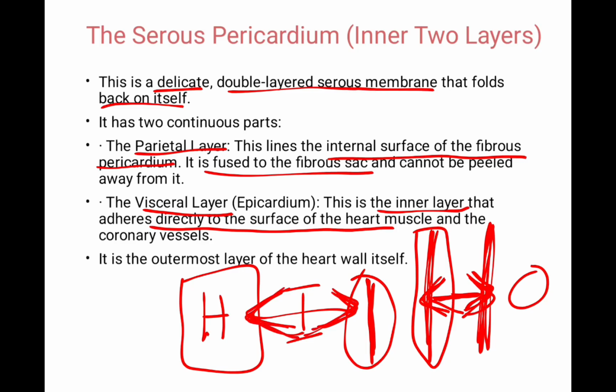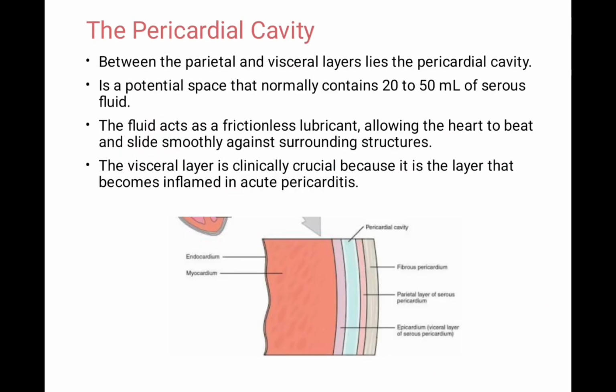That means there is a space in between the parietal layer and the visceral layer of the serous pericardium. It is the outermost layer of the heart wall itself, that's why we call it the epicardium.